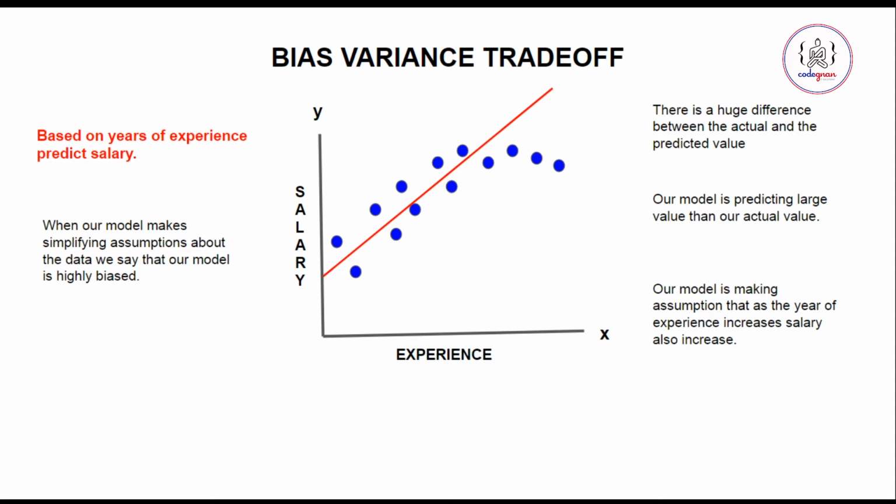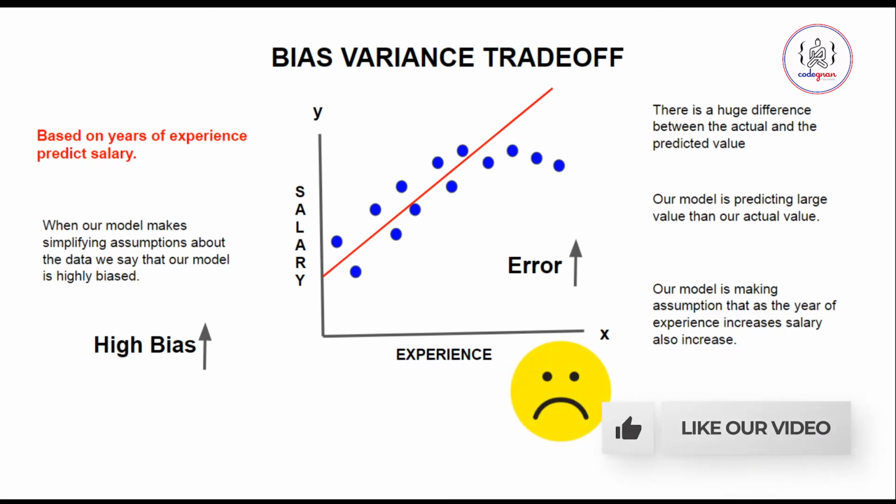So we have high bias, and this high bias leads to high error between the actual and the predicted values. This is not the desired result that we want from our model.